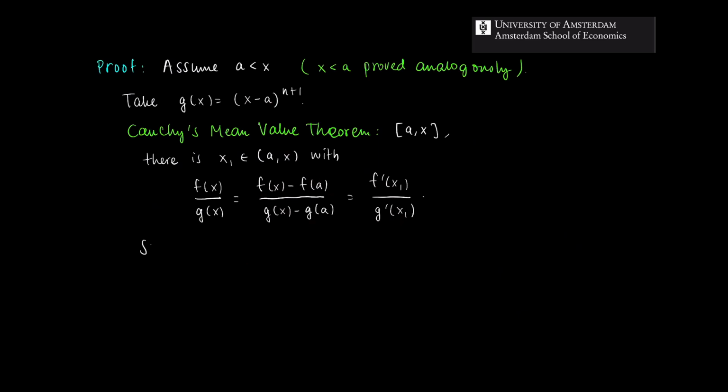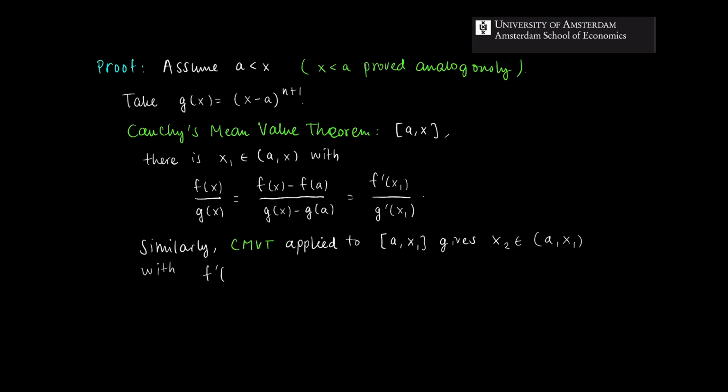Now we're going to apply the same reasoning basically to the interval (a, x1), but we're going to apply it to the two functions f prime and g prime. So we're going to write, a little bit faster, f prime (x1) and g prime (x1). We can write this a little bit differently because this is just f prime (x1) minus f prime (a). Remember that the derivatives of f in a are 0.